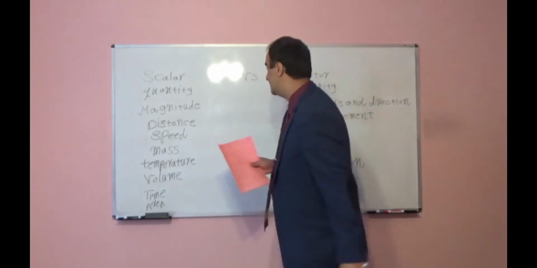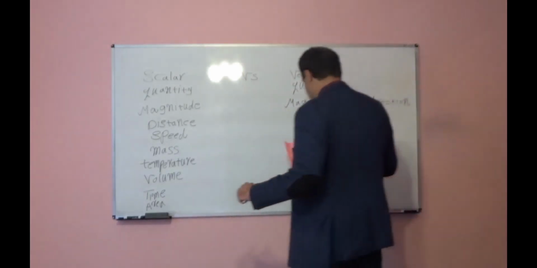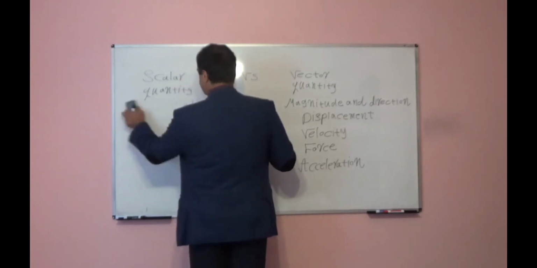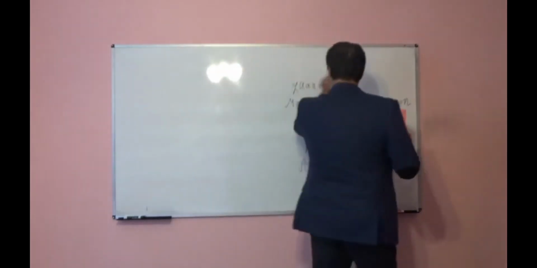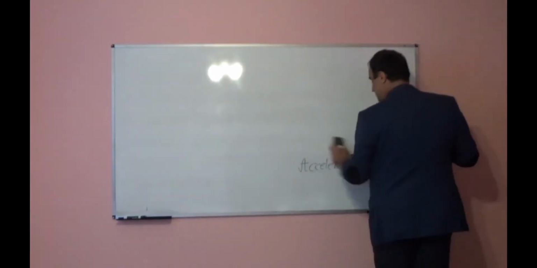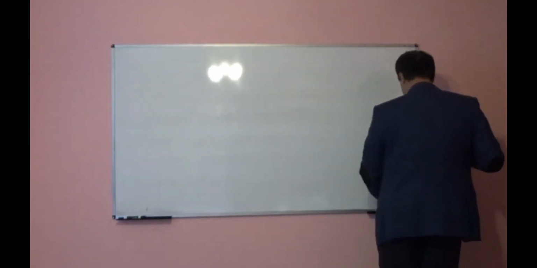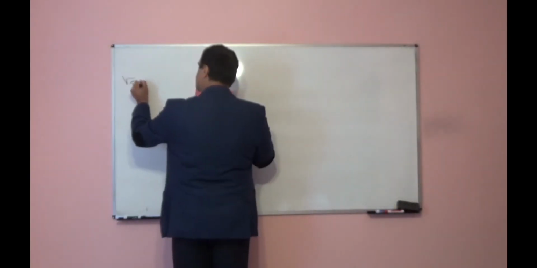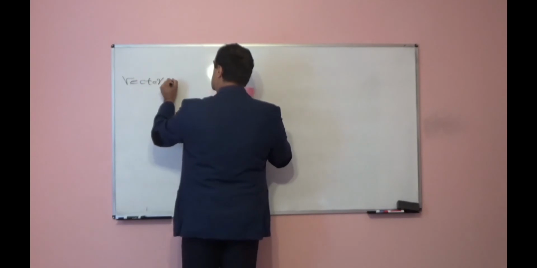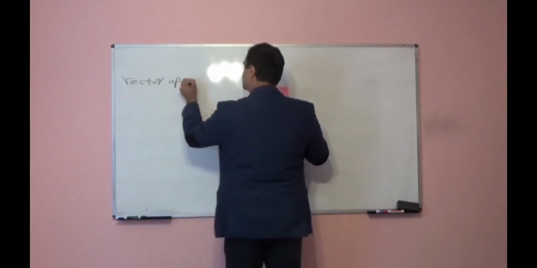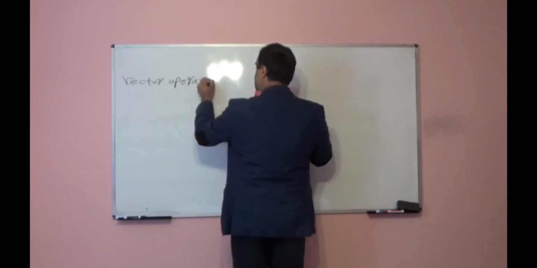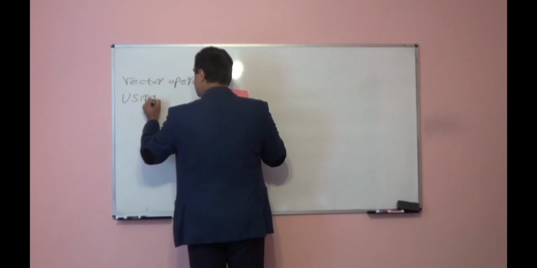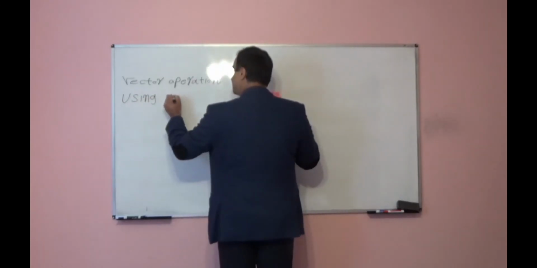After we know what is the scalar, what is vector, let's look at the vector operation. How we will add 2 vectors, how we will subtract 2 vectors. So I can say vector operation. Of course, here first I will explain using graphical method.